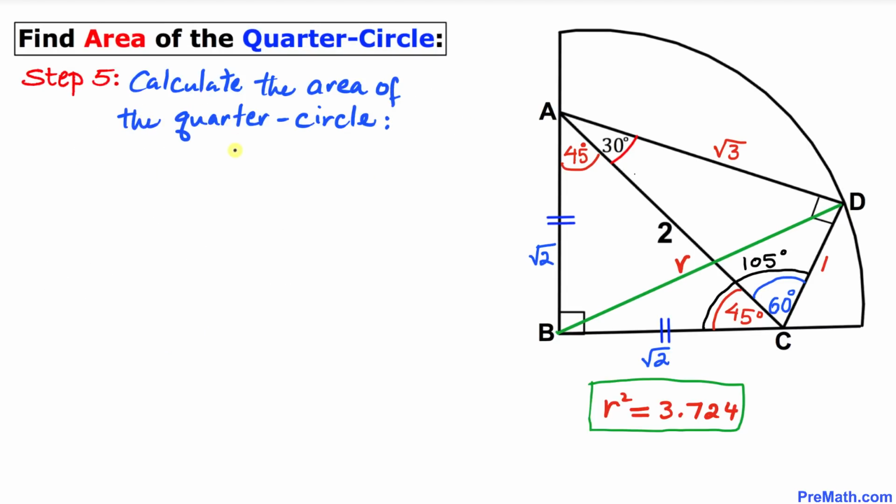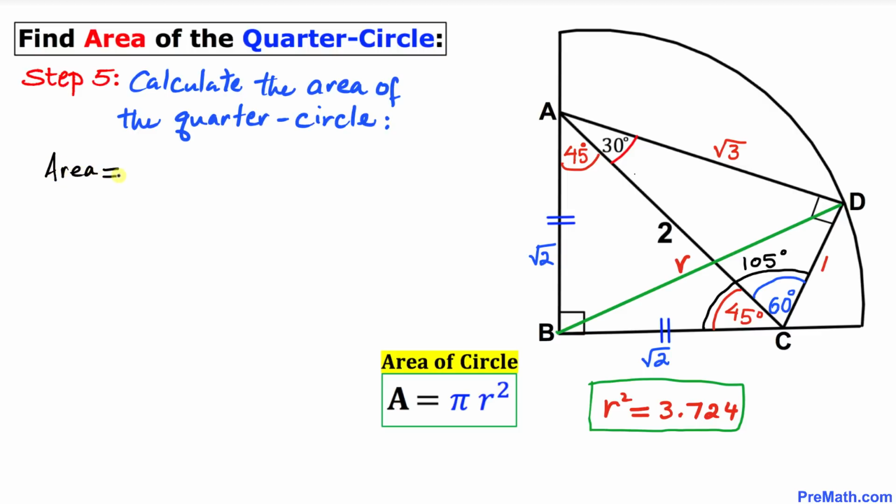And here's our final step. Let's calculate the area of this quarter circle. Here's our area of a circle formula, area equals pi r squared, where r is the radius of this circle. Since we are dealing with a quarter of a circle, the area in our case is going to be 1/4 of pi r squared.